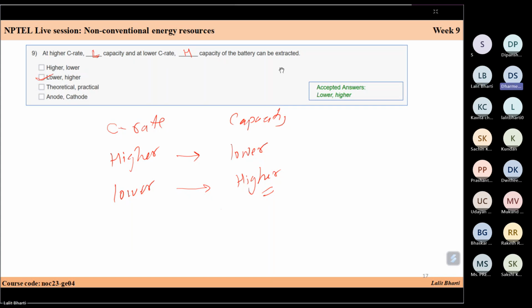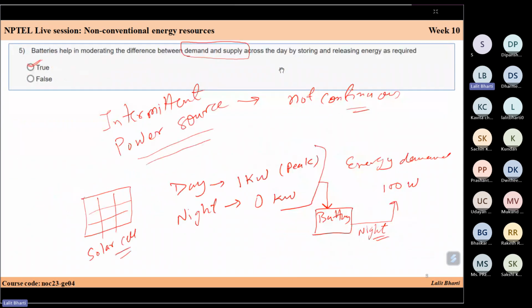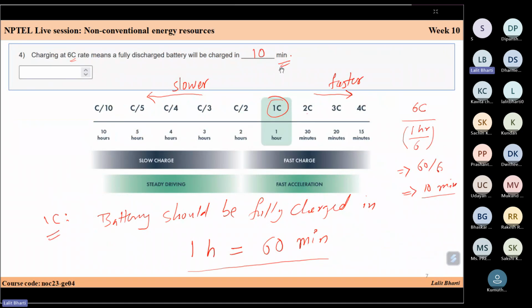C rate is basically the charging rate. 1C means you're charging a battery in 1 hour. 2C means you're charging at twice the rate, so 1/2 hour, which is 30 minutes. So higher C means a faster charging rate.